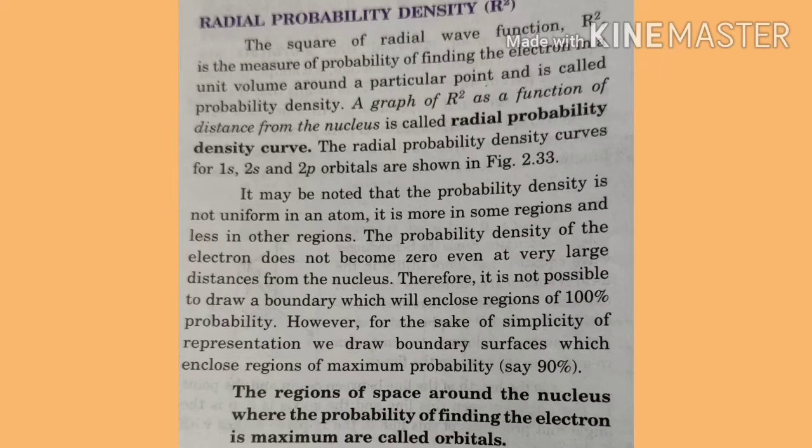However, for the sake of simplicity of representation, we draw boundary surfaces which enclose the region of maximum probability, say 90%. So, the region of space around the nucleus where the probability of finding the electron is maximum is called an orbital. You can see the boundary surface diagrams for the s orbital, for the p orbital, and for the d orbital.